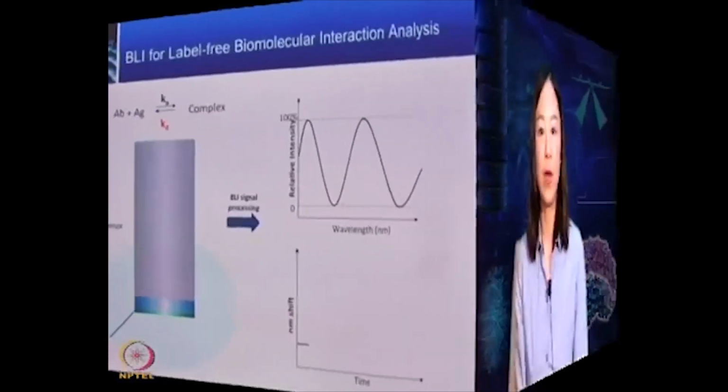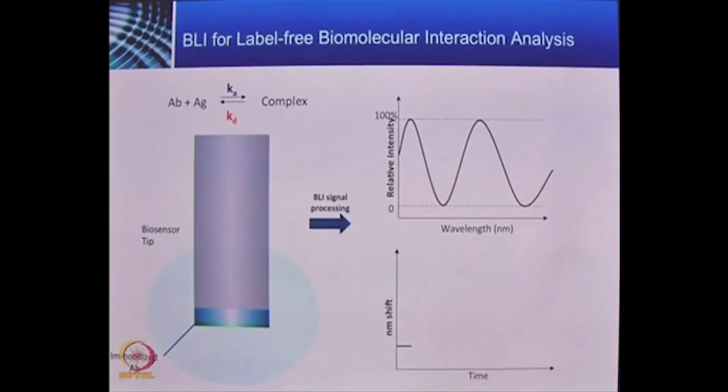Now let's look at an example. If we are looking at the antibody-antigen interaction, as we know, the antibody will bind to the antigen and form a complex. At the same time, the complex will go through a dissociation process and generate the antibody and antigen.